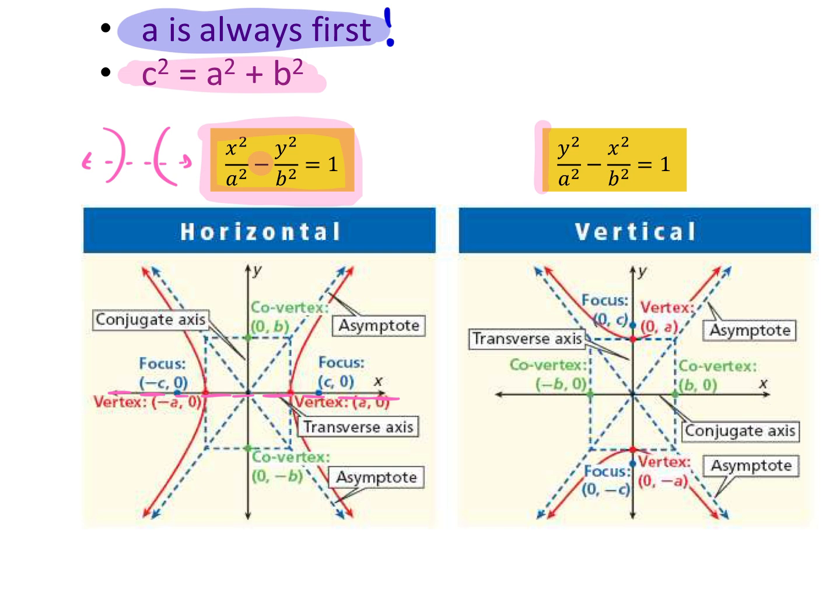So our hyperbolas are sideways. In a vertical one, the y is first, and our transverse axis is vertical, which means our hyperbolas would be vertical like this.